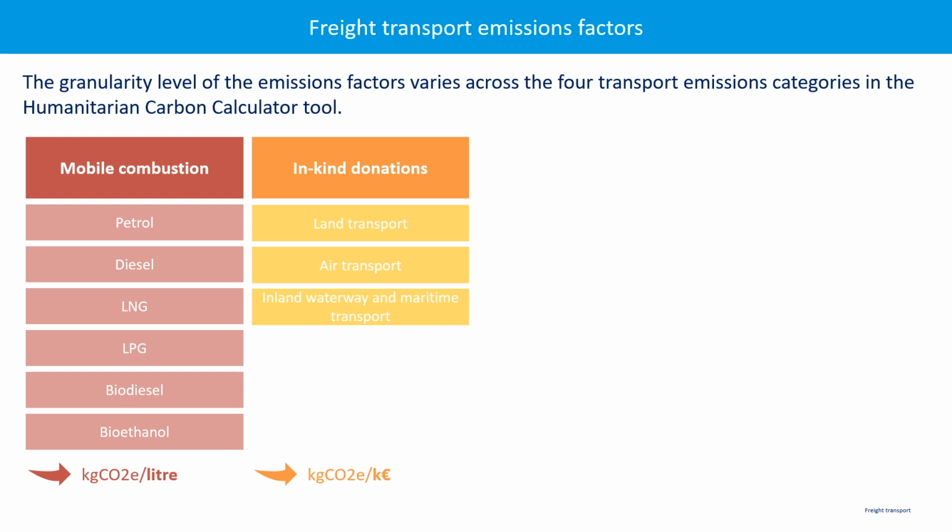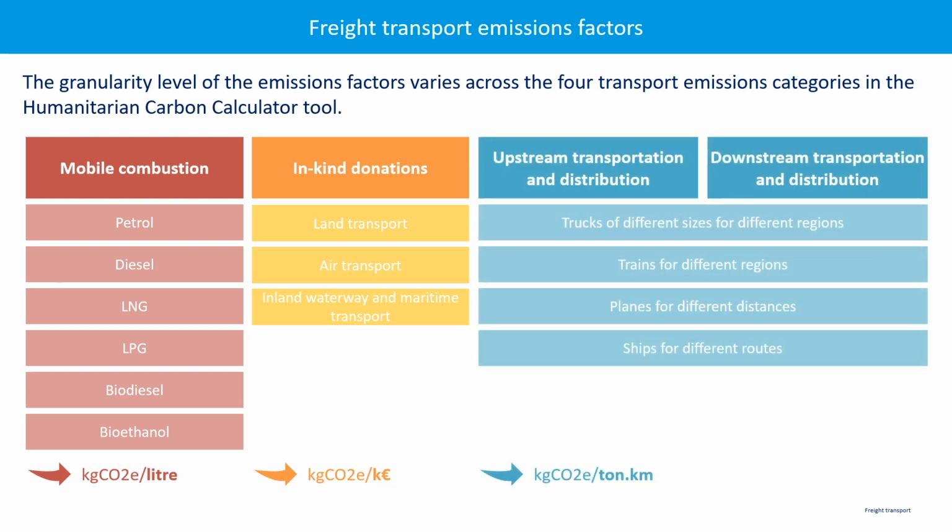You have 3 emissions factors here by default, one for land, one for air, and one for inland waterway and sea. So if you receive some transport free of charge, you would need to define the value of the donation, and maybe you get a certificate from the donor, and then based on that, you can then enter the data.